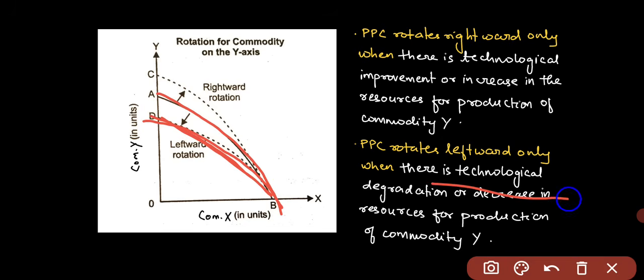There is technological degradation or a decrease in resources for production of commodity Y, right? So, on the X axis or on the Y axis, there might be any rotation of the production possibility curve, okay?